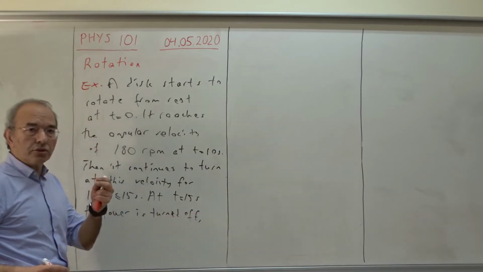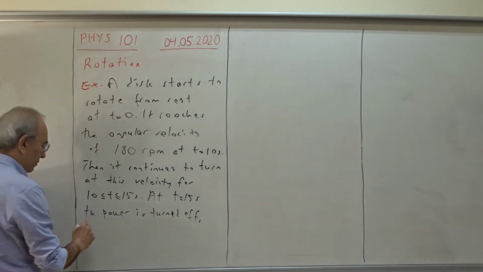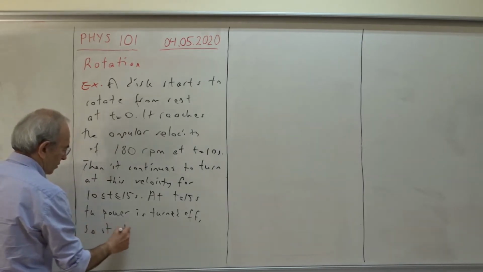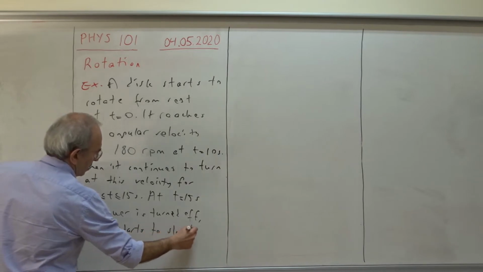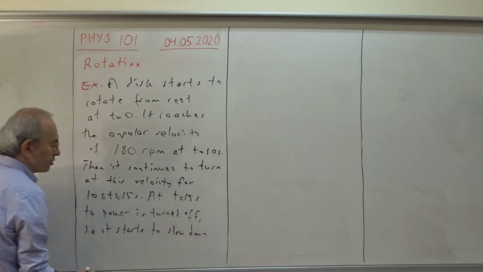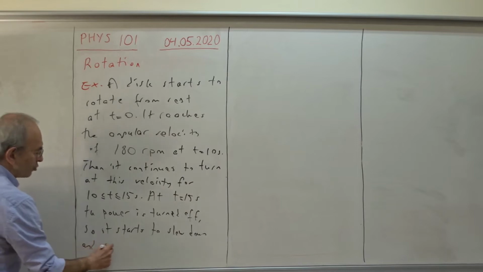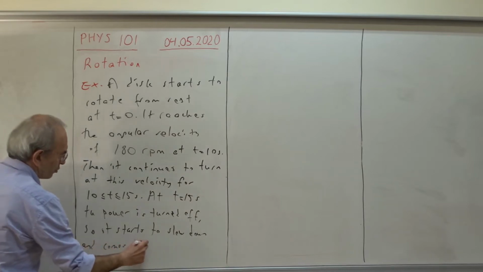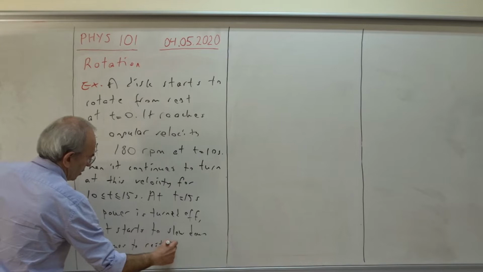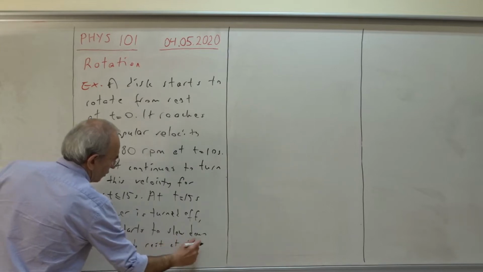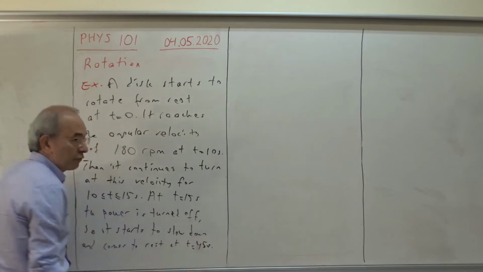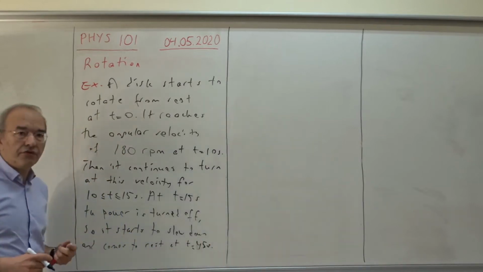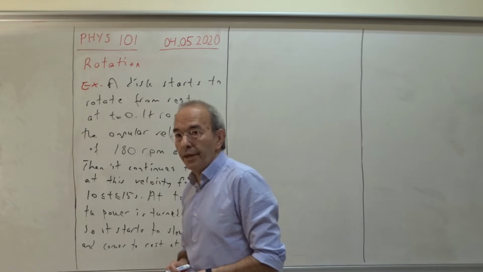So it starts to slow down, decelerate. It starts to slow down and comes to rest, stops at time 45 seconds from the beginning. So we will now find the following quantities.